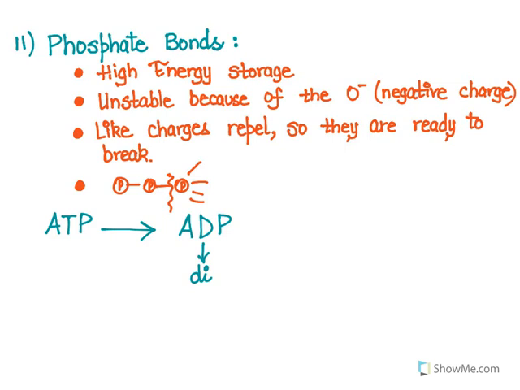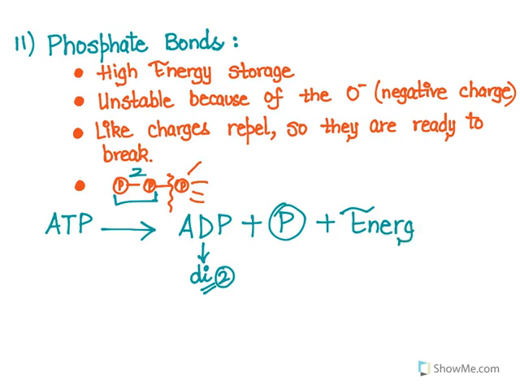Di means that one phosphate is gone and there are two phosphates left now, and that is the reason it is called diphosphate. Now this phosphate group, the third one, is separate, and because those bonds are broken, that energy is also released.